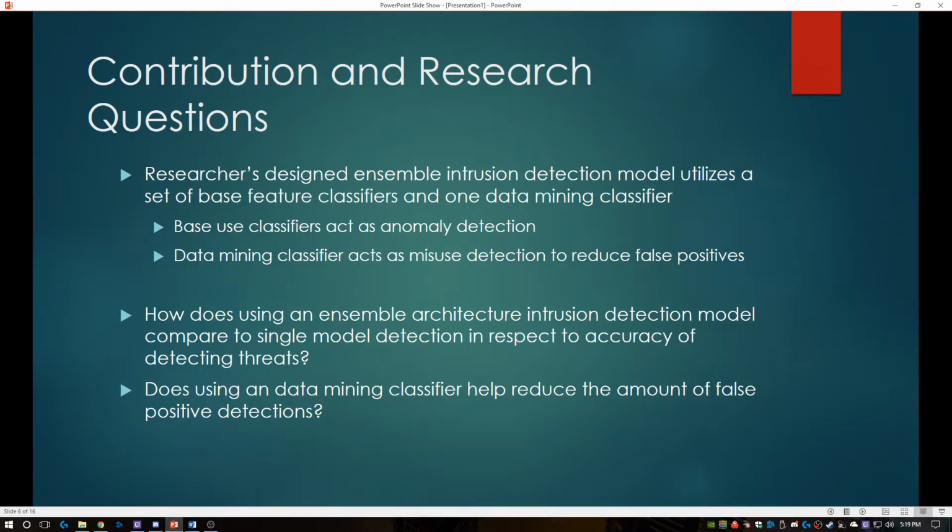By using this method, the article attempts to answer the questions of how does using an ensemble architecture model compare to a single detection model with respect to accuracy of detecting threats? And does using a data mining classifier actually help us reduce the amount of false positive detections?